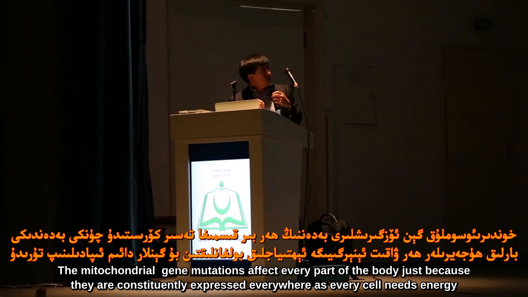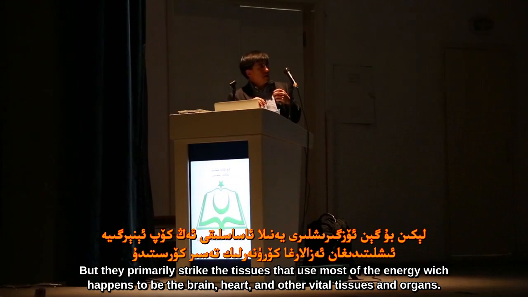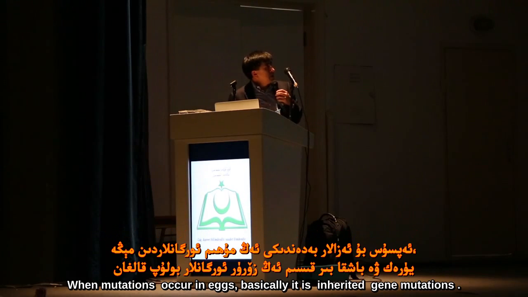Mitochondrial gene mutations actually affect every part of the body because they are constitutively expressed everywhere, since every cell needs energy. But they primarily strike the tissues that use the most energy, and it happens to be the brain, the heart, and other vital tissues and organs.